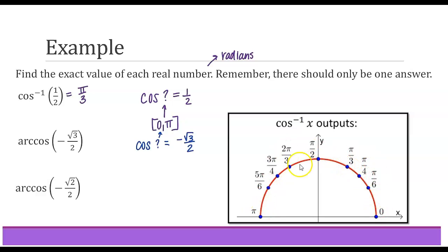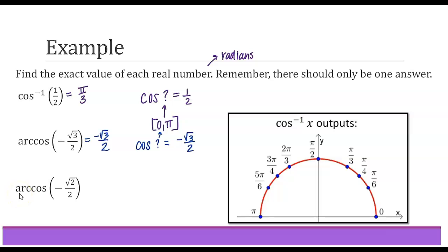These are the only quadrants where the output of cosine inverse, or arc cosine, what comes out right here, can be. Well, cosine would only be negative in quadrant 2, and the angle that I'm looking for here is going to be 5 pi over 6. If we were to plug 5 pi over 6 into cosine, we would get out negative radical 3 over 2.